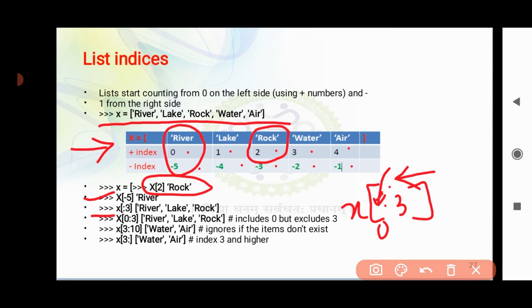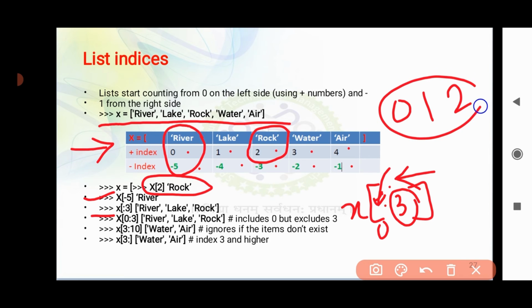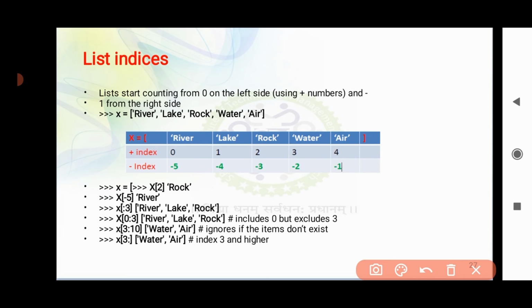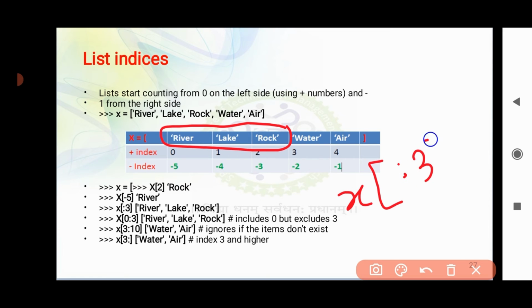It will not consider the third index value itself, basically 0, 1, 2. So all the three values form the range. So the result for x of colon 3 is all these three values.